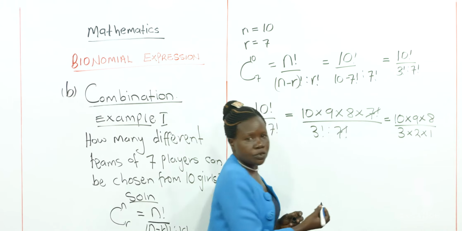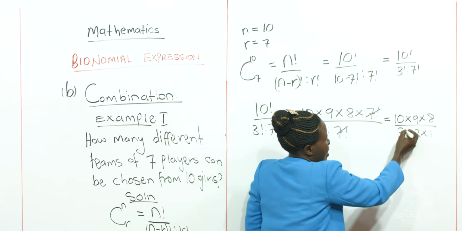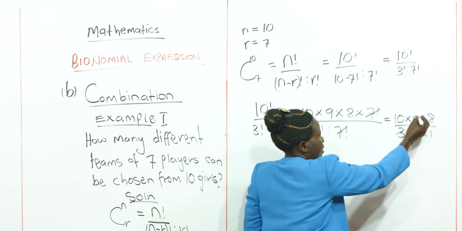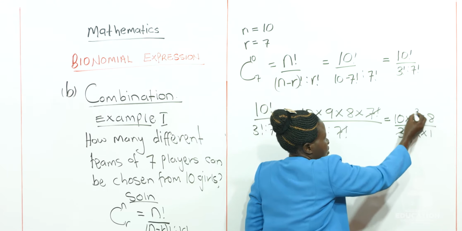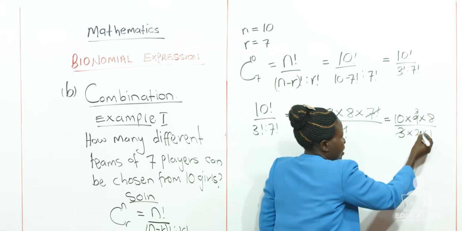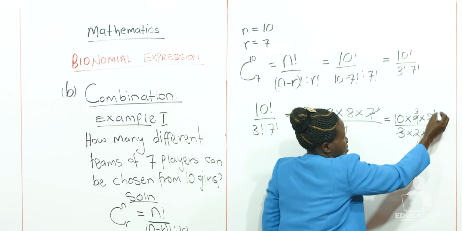Then you begin to cancel. 3 will go with the 9 on your numerator. 9 divided by 3, you get 3. And then here we have 2, which will go with the 8, giving us 4.